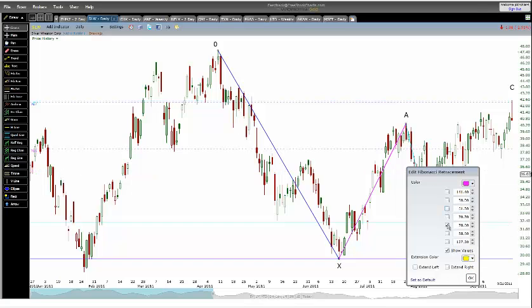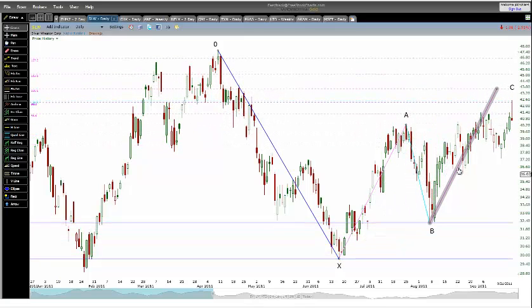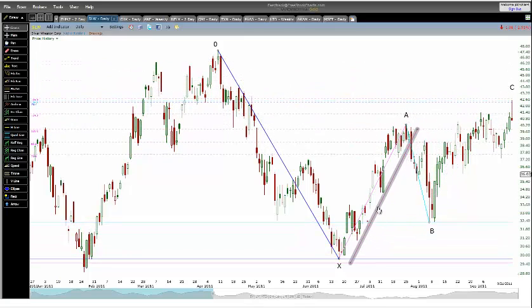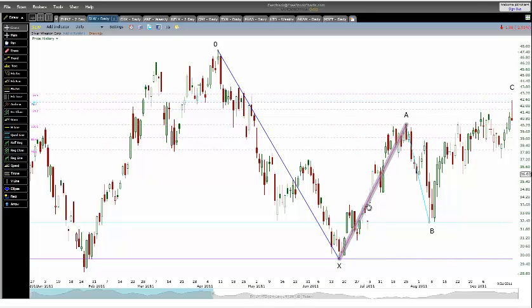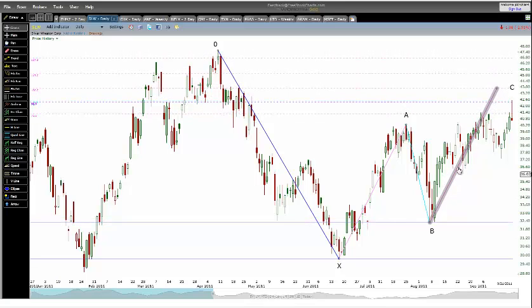And I'll draw the 127.2, the 100, the 78.6, the 88.6, and the 113 percent Fibonacci retracement levels. And then we're going to move that to project it up from point B. So we're going to do the measurement for wave A, or the X to A move, but then we're going to move that and project it up from wave B.